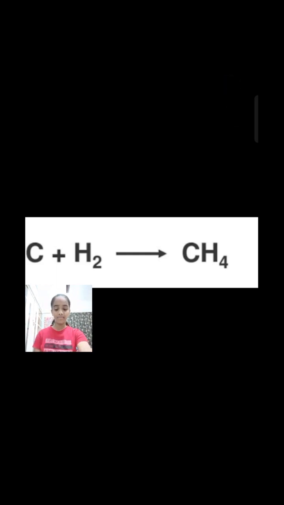Hydrogen combines with carbon and forms compounds called hydrocarbons. The reaction occurs at temperature above 520 degrees Celsius with nickel or cobalt as a catalyst. When the temperature is further raised, the reaction is reversed.